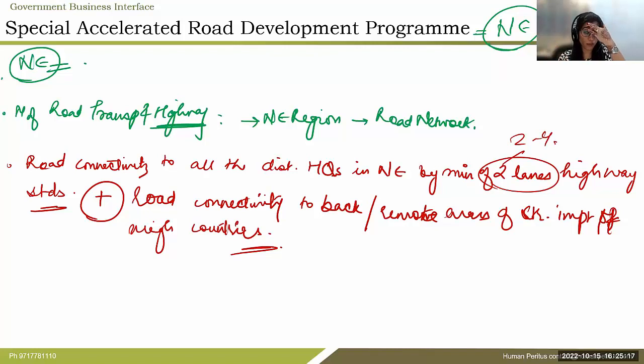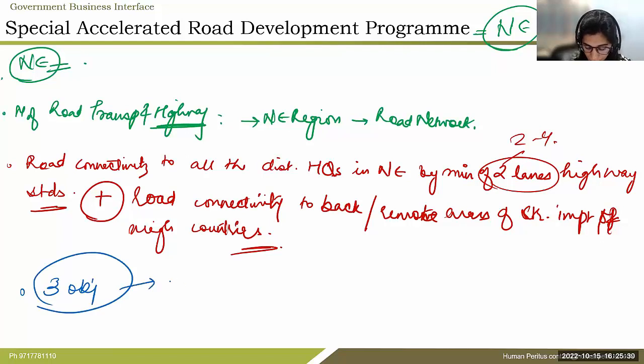So what was the basic objective of this? They wanted to upgrade the national highways which are connecting the state capitals, specifically in the northeastern region. Also to improve the connectivity with the neighboring countries. So let me just write it down here for you. 3 objectives were there.